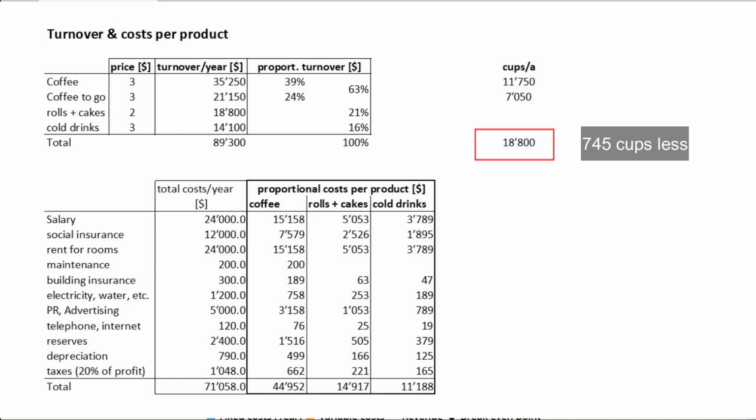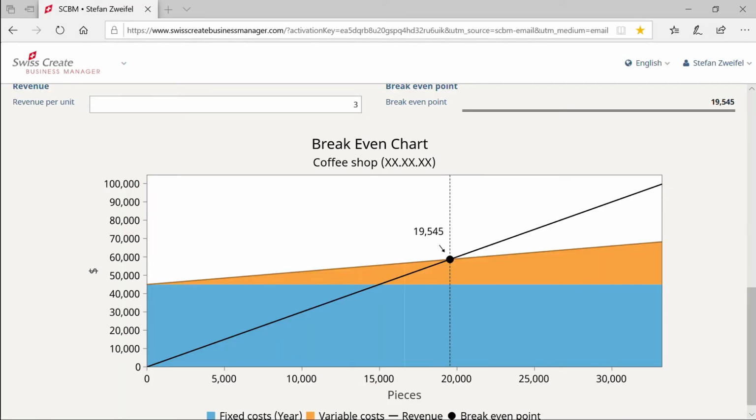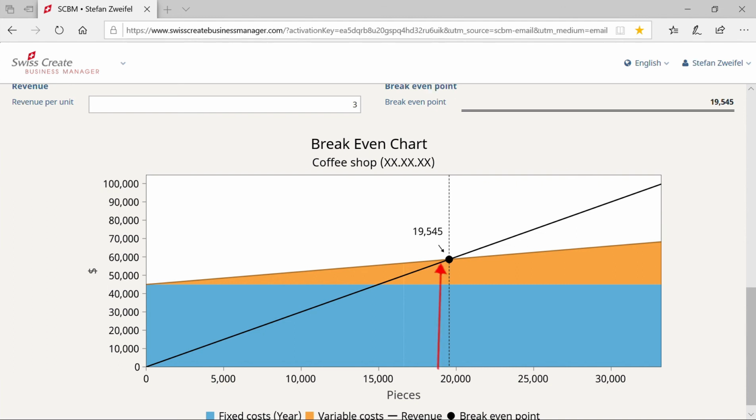What does it mean? Despite my annual profit of $4,195, I have to admit that this profit does not come from my coffee. My coffee does not cover the fixed costs, so I'm not in the profit zone with my coffees. I must now consider whether I want to live with this situation or whether I want to take measures.